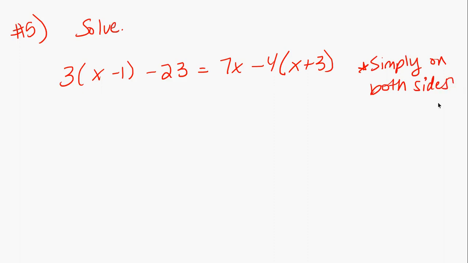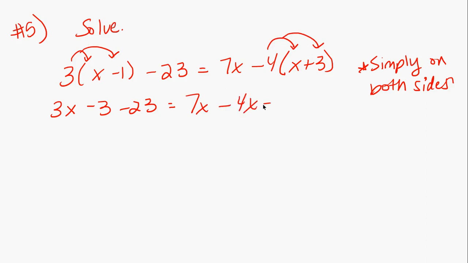Because if we don't simplify, we can't actually get to solving. So we're going to go ahead and distribute this 3. That gives us 3x minus 3 minus 23. On the right-hand side, we're going to distribute the negative 4. We get 7x minus 4x minus 12.